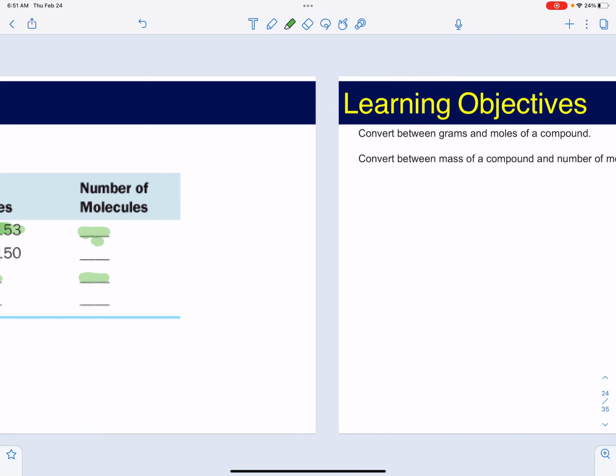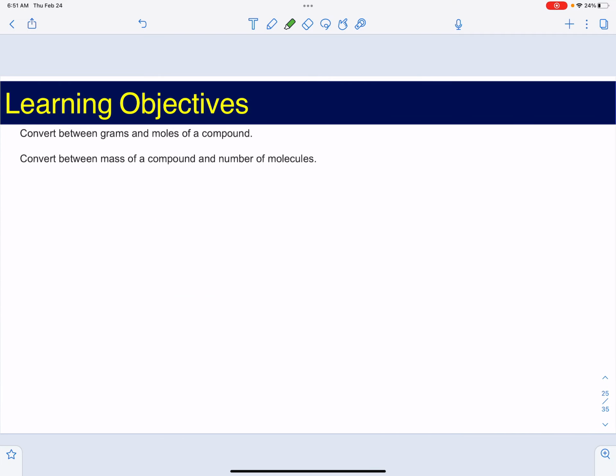And with that said, we can say now that you know how to convert between grams and moles for a compound, which is nothing more than knowing the molar mass of the compound. And you also know how to do it from mass all the way to the number of molecules.